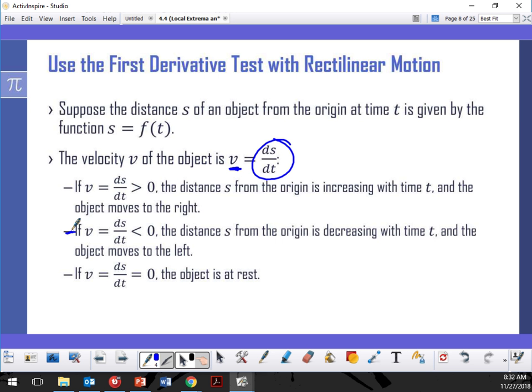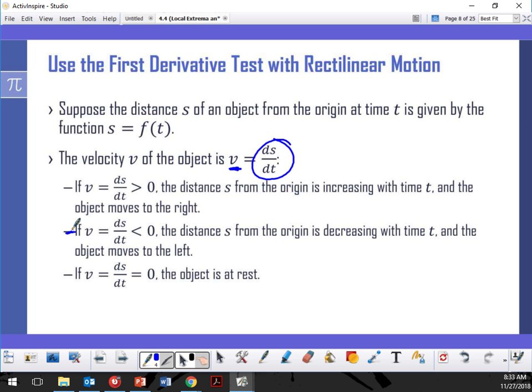So it'd be moving back towards the position we have. If velocity is equal to 0, the object is at rest. Easy. So that means it's neither going forward or coming back. Velocity would be equal to 0.